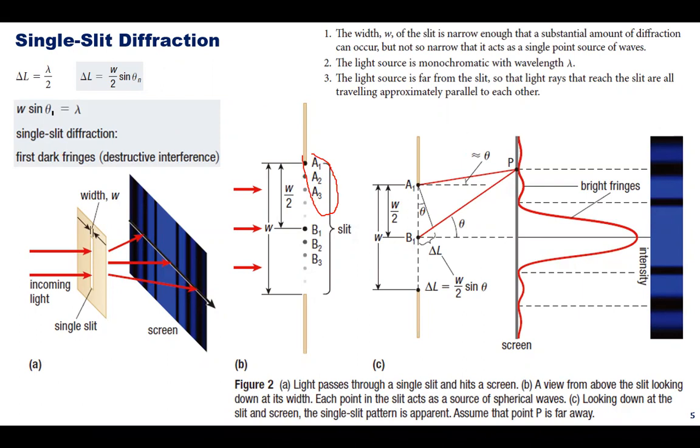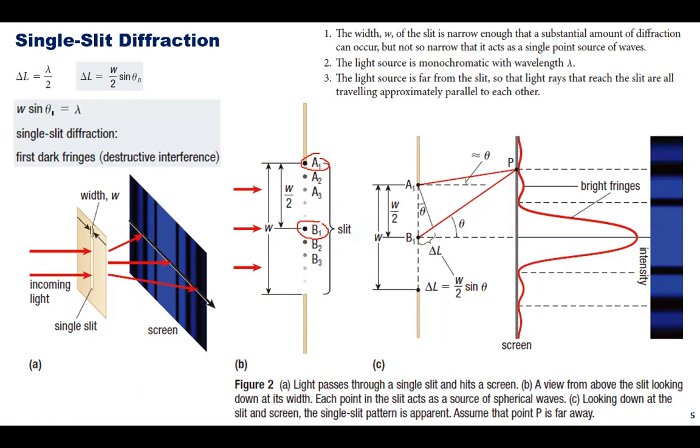And the points in the other half are labeled B1, B2, B3, and so on. Each of these points is a source of Huygens waves, or spherical waves, including point A1 at one edge of the slit and the corresponding source point B1, okay, A1 and B1, at the center of the slit.